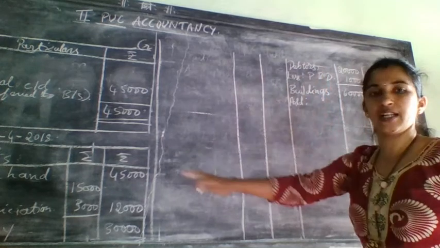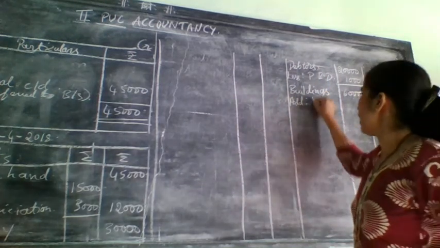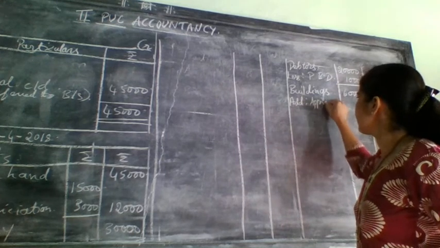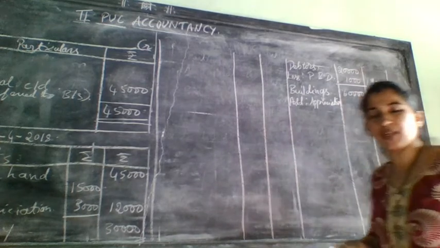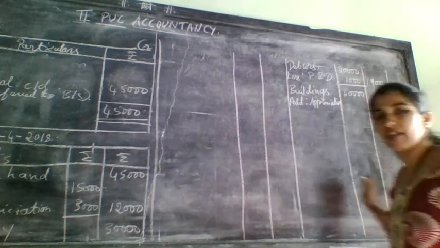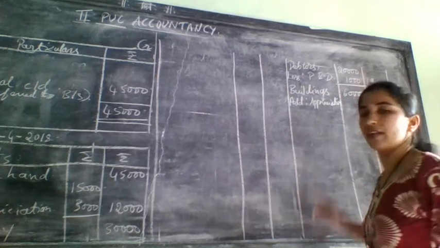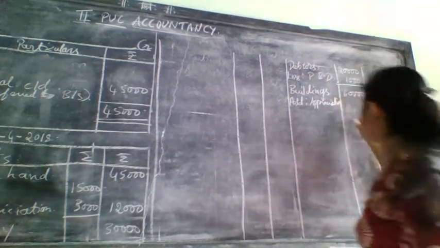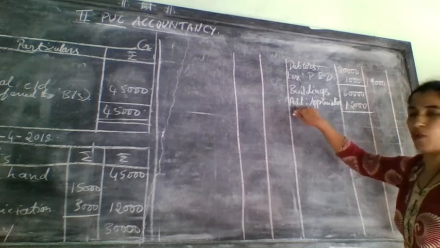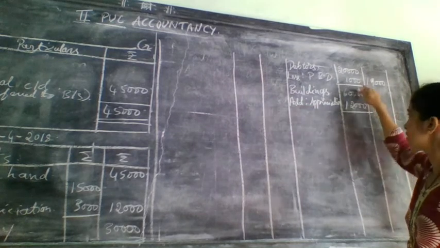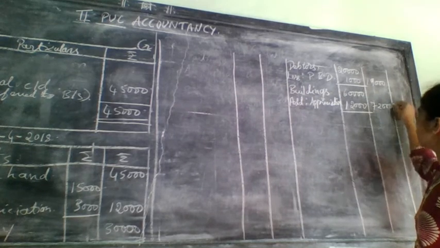Depreciation is less, appreciation will be added. Again, don't calculate 20% and all. Already you have taken it on the credit side of the revaluation account. Take that amount and copy here. How much is it? 12,000. Now add 60 plus 12, it will become 72,000.